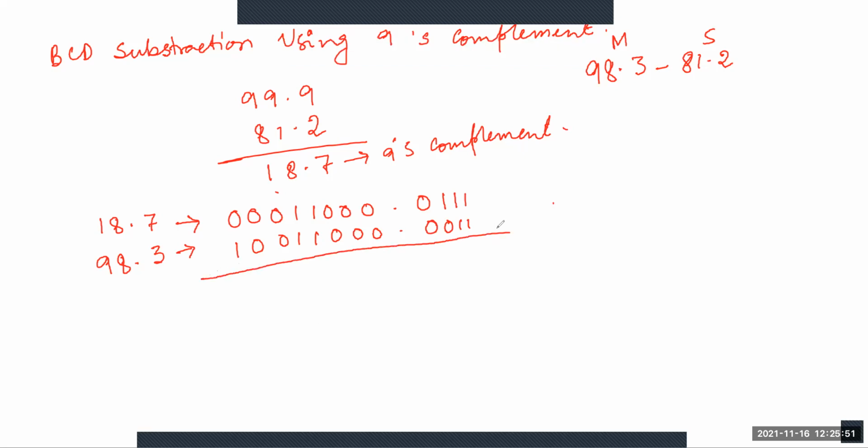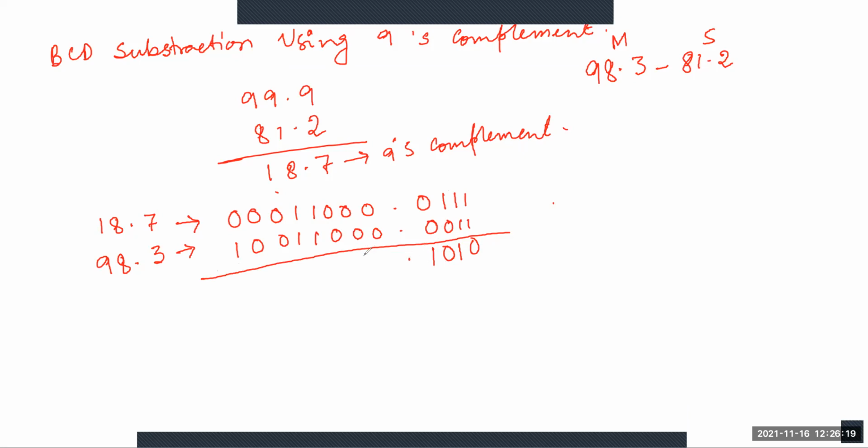Here you can see 1 plus 1 is 0, carry 1. Then 1 plus 1 plus carry 1 is 1, carry 1. Then 1 plus carry 1 is 0, and 0 plus 0 plus carry 1 is 1.